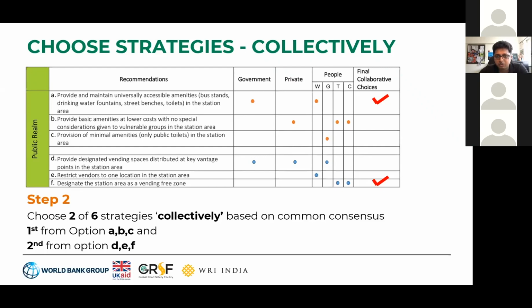Also, the person who gets government as a role will be the decision maker for the group, saying that, I've listened to everyone with respect to their opinions, and I'll be the one taking the call on this. Even when we come back for the presentations, the person representing the government will be presenting to explain why this particular strategy was chosen, and what was the thought behind choosing that particular strategy.